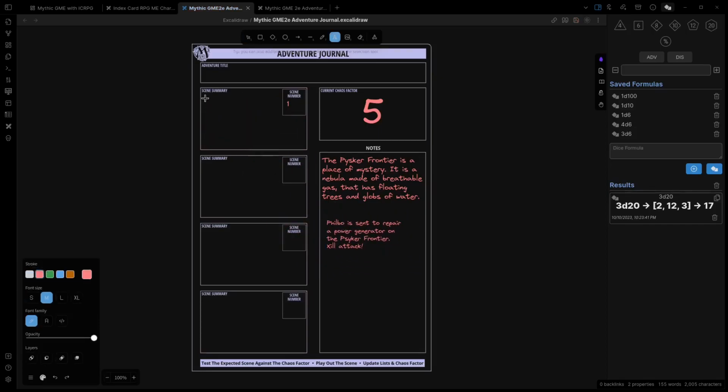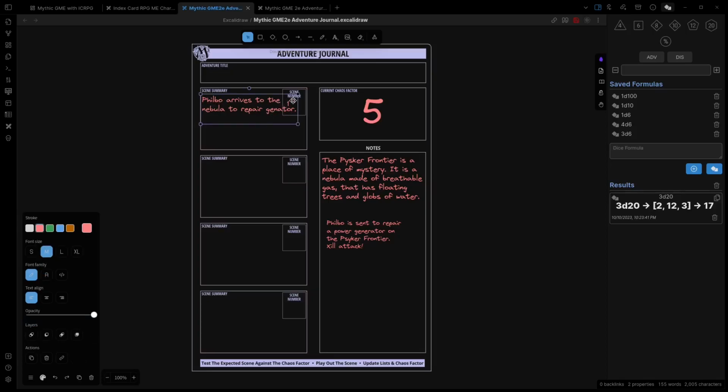So we'll make it Bilbo arrives to the nebula to repair generator. Yeah, this should be a good scene, I think.